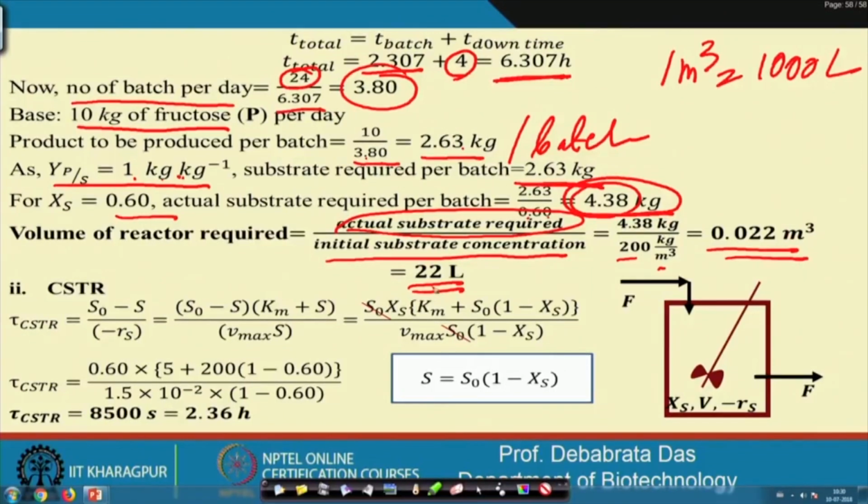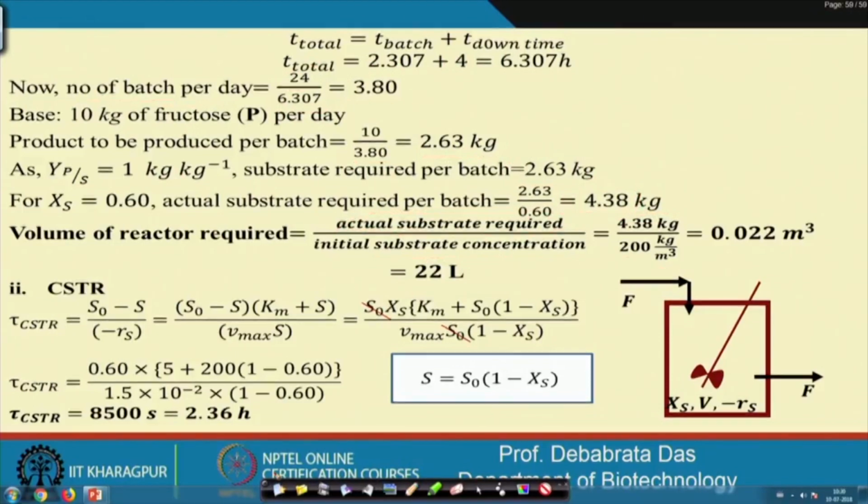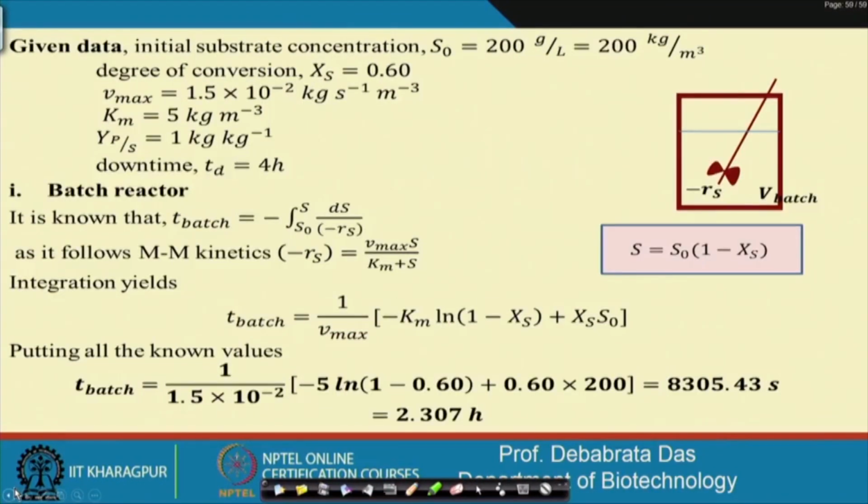So, what I want to stress here is very simple. It is easy to calculate the volume of the reactor. First, again I am repeating, if you look at the batch process, we have to find out the time of the batch process.